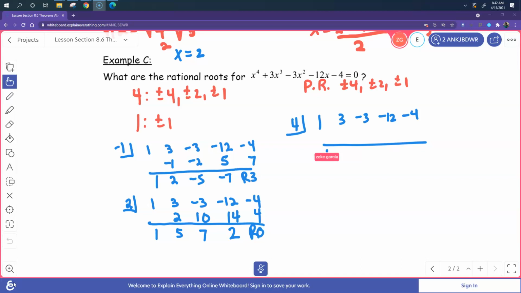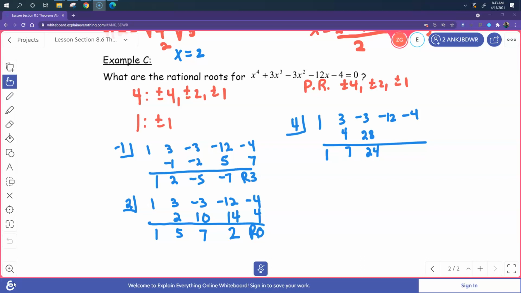So we have 1. 4 times 1 is 4. 3 plus 4 is 7. 4 times 7 is 28. That's going south. Yeah, that's not going to be it.